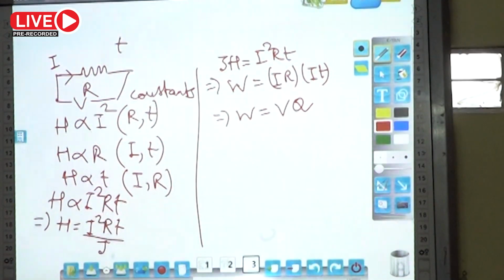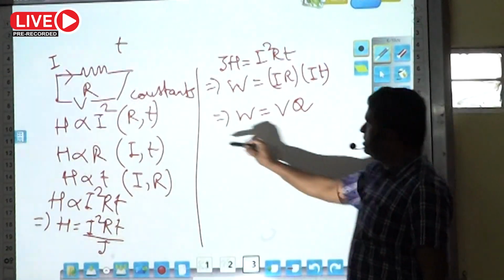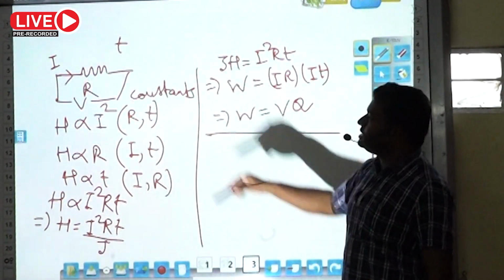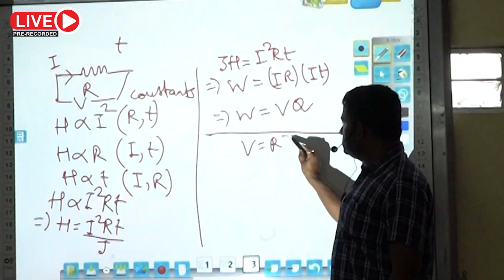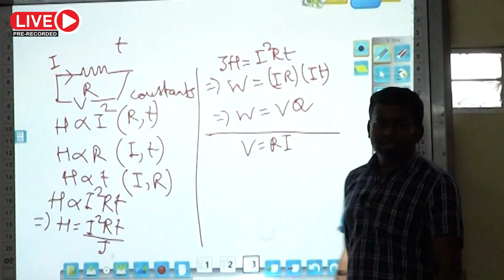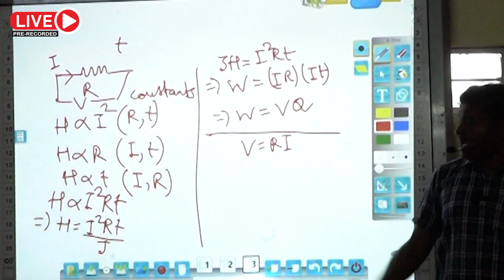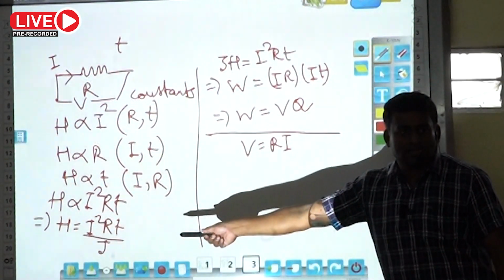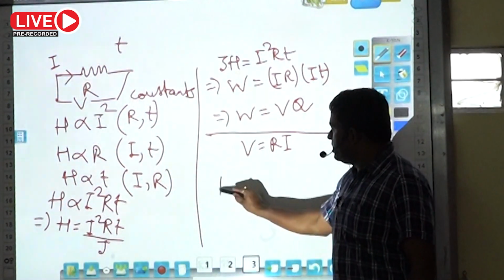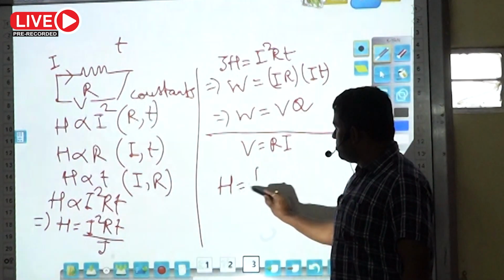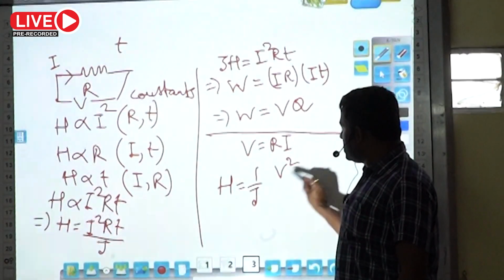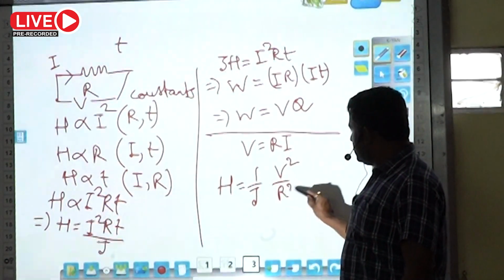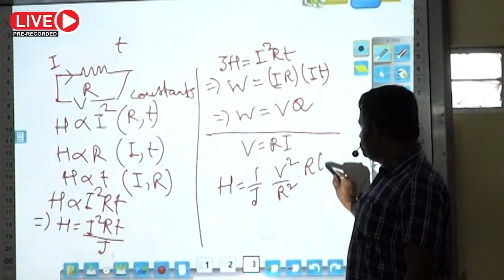I will convert from that equation only. See, for this circuit using Ohm's law, I can write V equal to Ri. Then what is I? V by R. I will substitute it directly over there. So H will become 1 by J I square. I square means V square by R square into R into T.